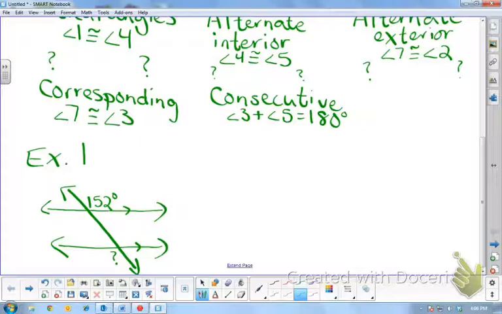So first we have to identify what kind of angles we are looking at. Are they vertical angles? Are they corresponding? Are they alternate interior? Are they alternate exterior? Or are they consecutive? So we look at the parallel lines first and we say, well, these angles are outside the parallel lines. That means exterior. And they're on opposite sides of the transversal, so we have an alternate exterior setup.